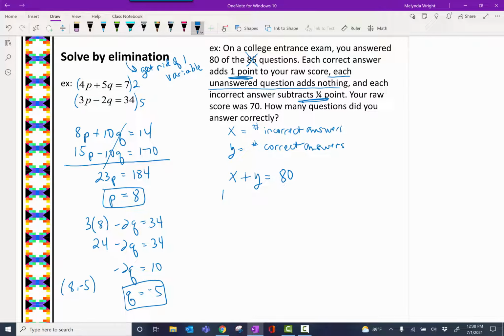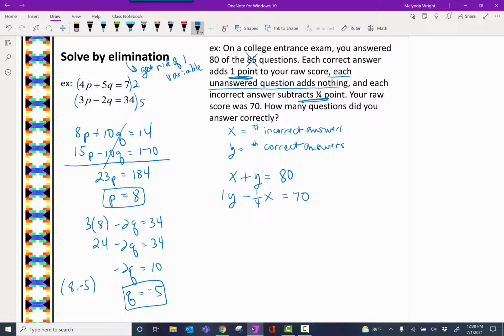That would be 1 point for y's, and then we want to subtract 1/4 of a point from all the ones that we get wrong, and our end value is 70.